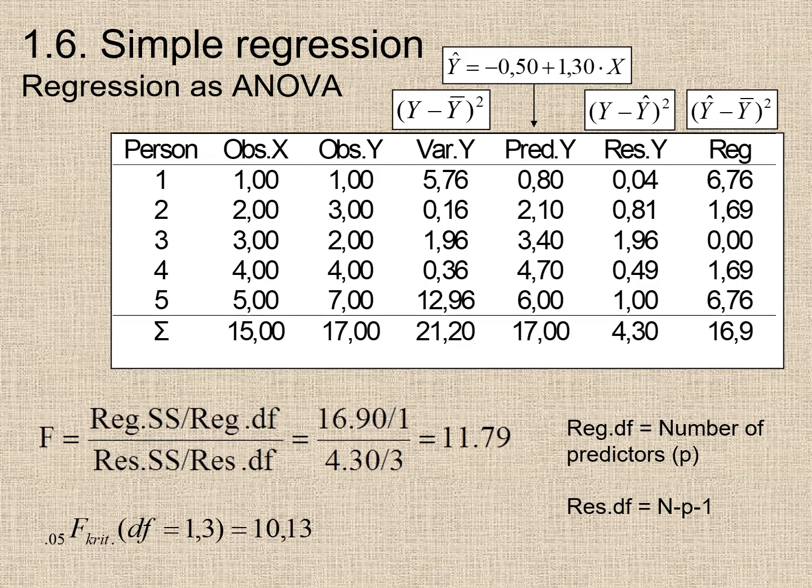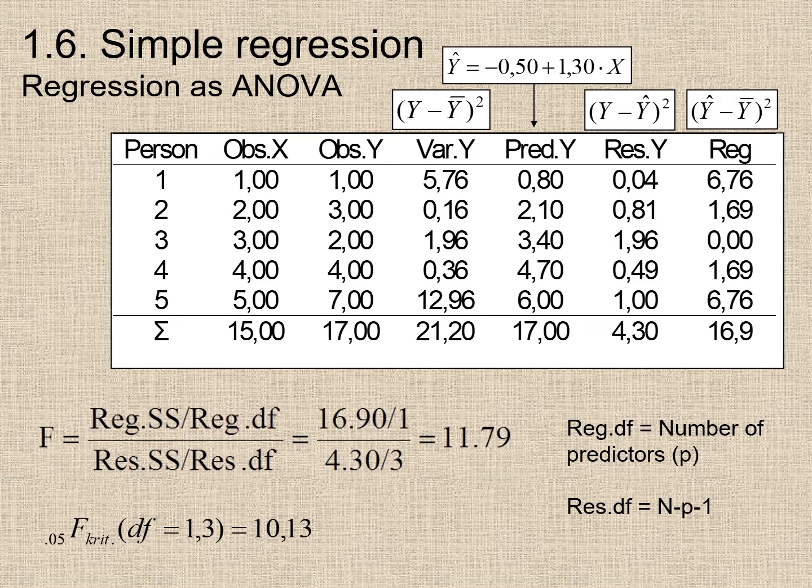If the null hypothesis was correct, we expected the F ratio to be more or less 1. It's the same here. If we have 0% explained variance in the population, we expect the F ratio to be close to 1. So in this case, it became much more than 1. It became 12 times as large as we expect.